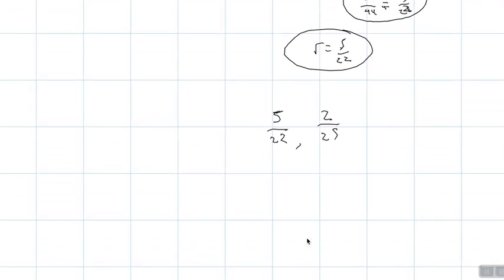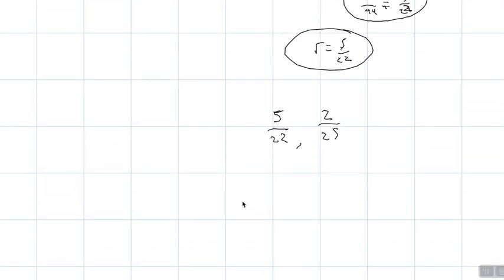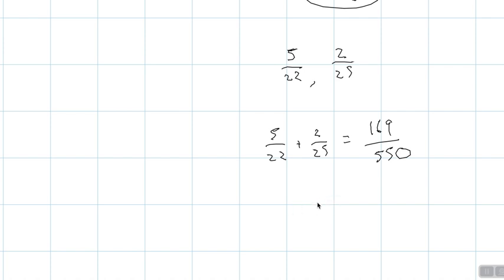The sum of all the elements of S is 5 over 22 plus 2 over 25, which is 169 over 550. So this is P, this is Q, and these two numbers are relatively prime. So P plus Q is 169 plus 550, which is 719, which is our answer.